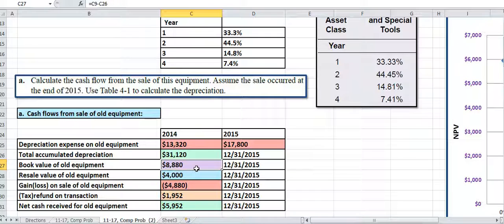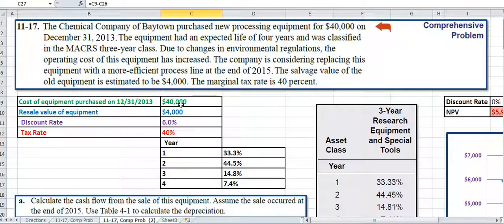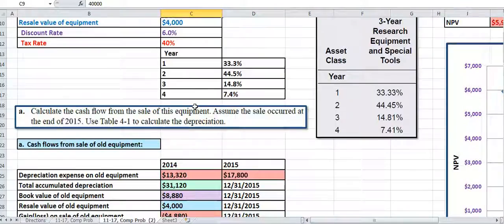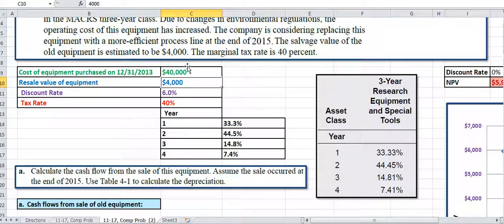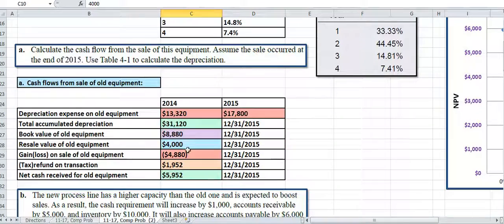This is the price that we paid right here, 40,000 minus the total accumulated depreciation. So that's going to give us our book value. Then the resale value we got from up here. That was given right here. So we put this in.